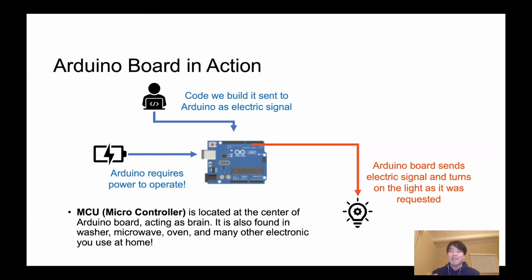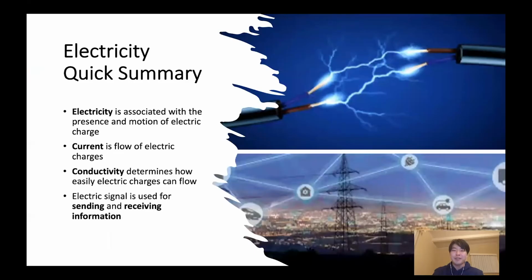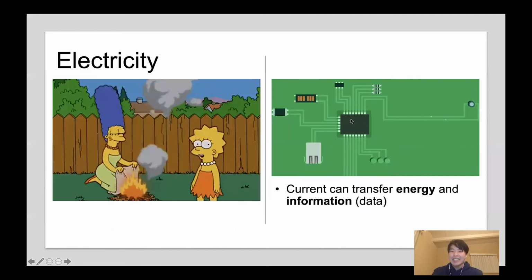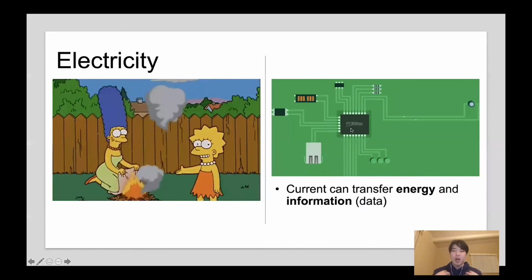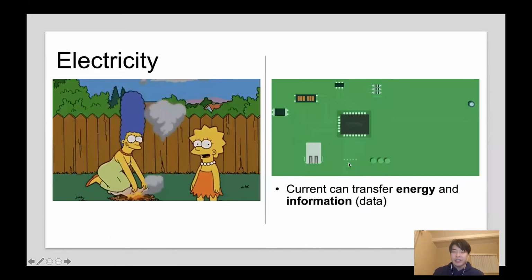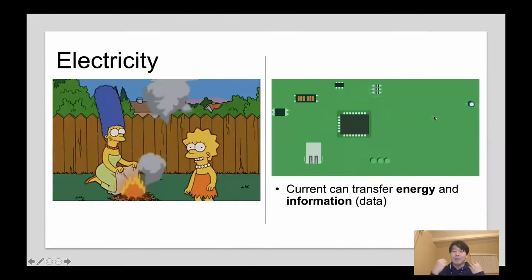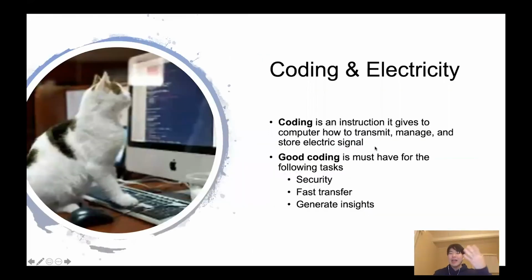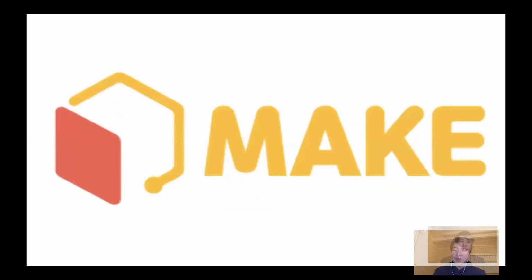It's like the brain that manages everything. So if we go back a little bit, there we go. You see this in here? That is like the brain. It's the one that receives instruction from us, and then it sends out to everyone else. It's like the brain headquarters where it instructs everyone else what to do depending on our instruction. That's why we need to code really nicely.